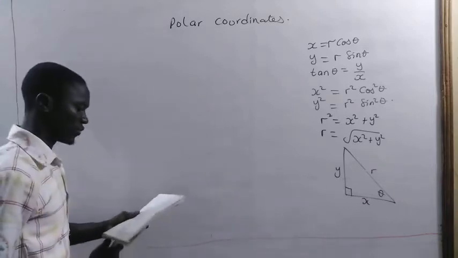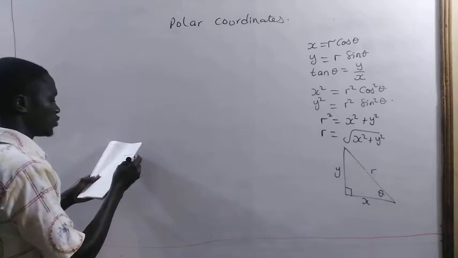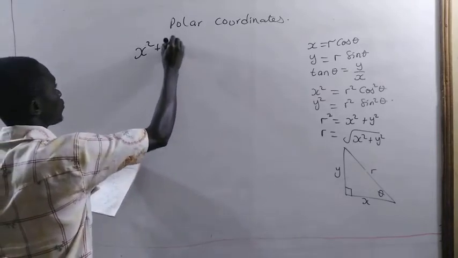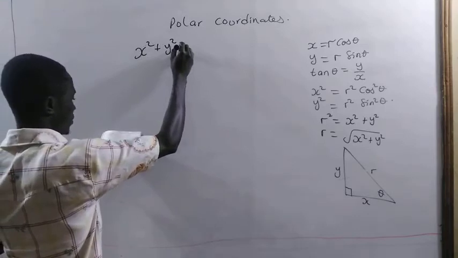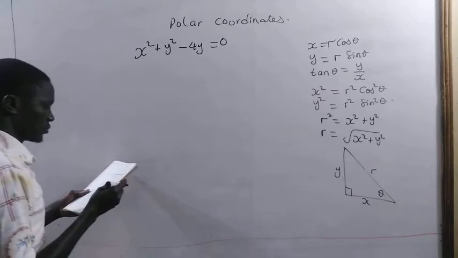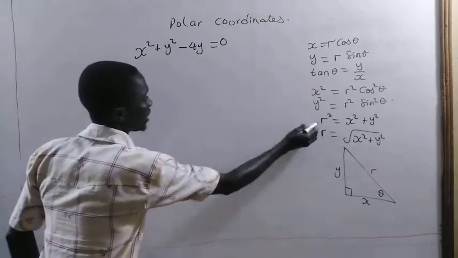We are taking a series of examples. Now example 2. What is the polar equation for the rectangular equation x squared plus y squared minus 4y equal to 0? Now for this one, x squared plus y squared is r squared.